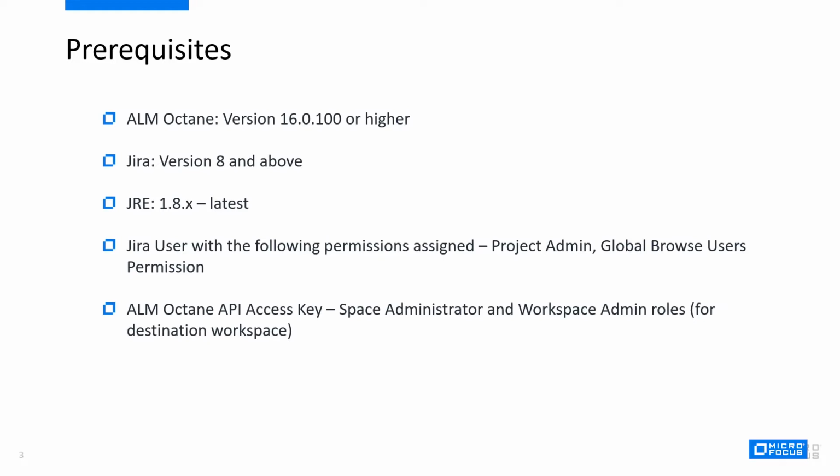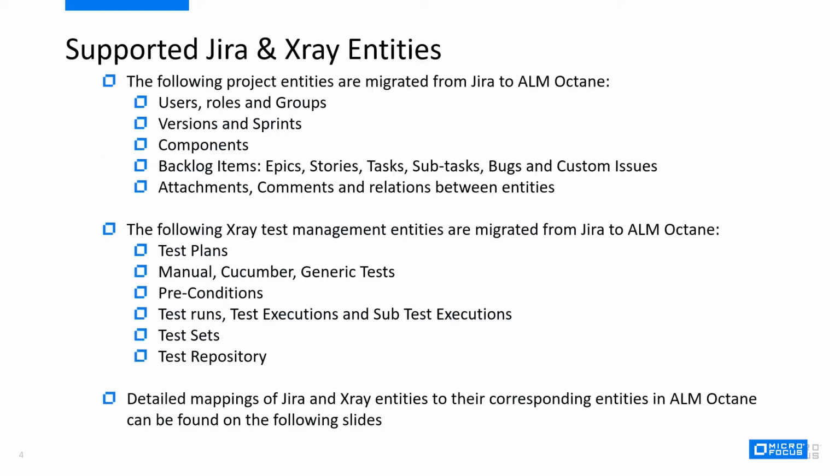Now let's see what we have in our migration scope. The supported Jira and XRay entities for these particular migrations are pretty much all out-of-the-box Jira entities. That includes epics, stories, tasks, subtasks, bugs, or any custom issue that the user might have created in Jira.